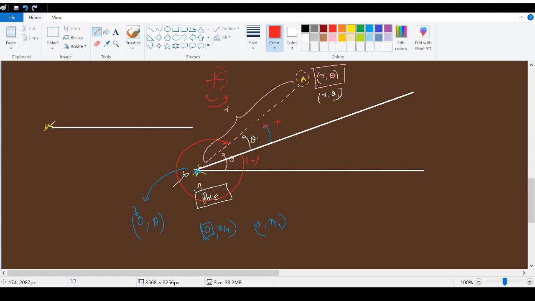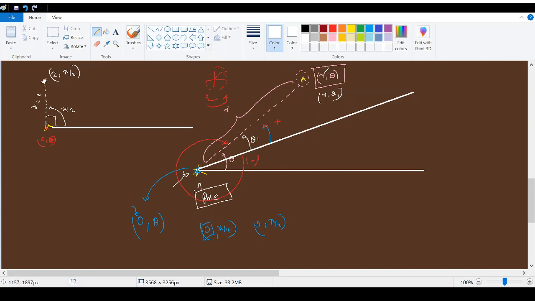Say for example, we have this as the origin, 0 theta, and let's say you have a point somewhere here. In order to mention that point, let's say r is equal to 2, and let's name this angle as 90 degrees. If we measure the angle in the anti-clockwise direction, the coordinate of this point will be (2, pi/2).